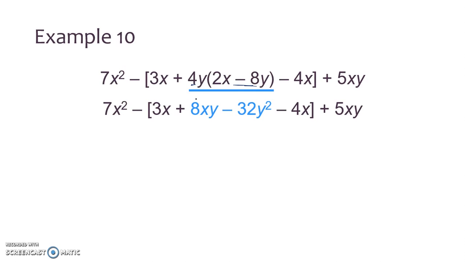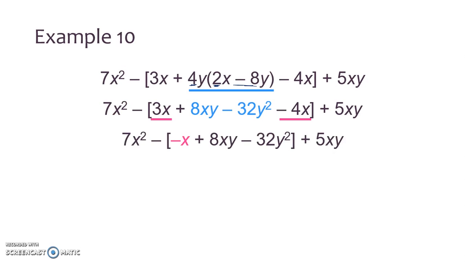So remember, when we're distributing these, we are multiplying the coefficients and the variables. So now within our set of brackets, we have some like terms we can combine. We have the 3x and the negative 4x. So those combine and they will become just a negative x.